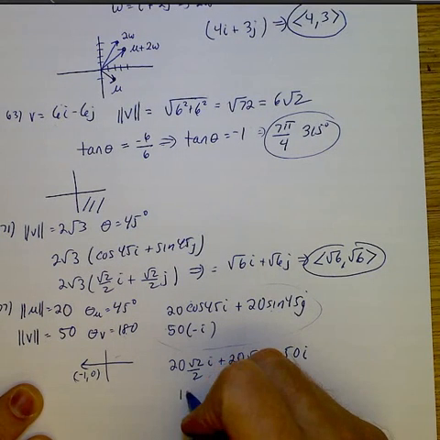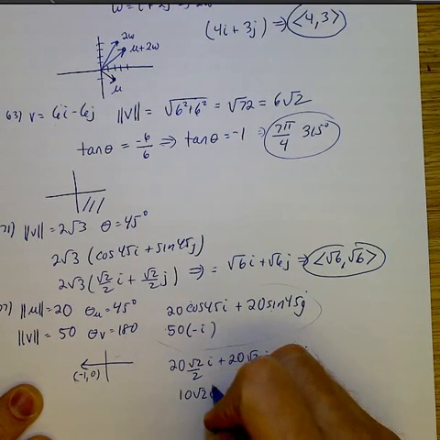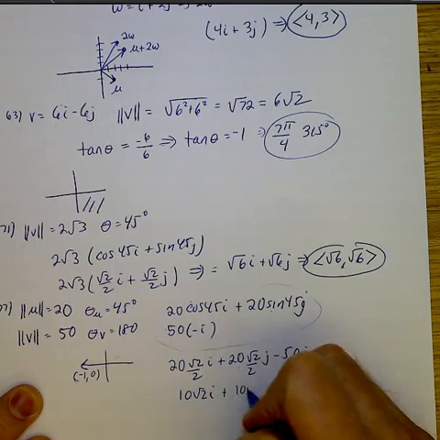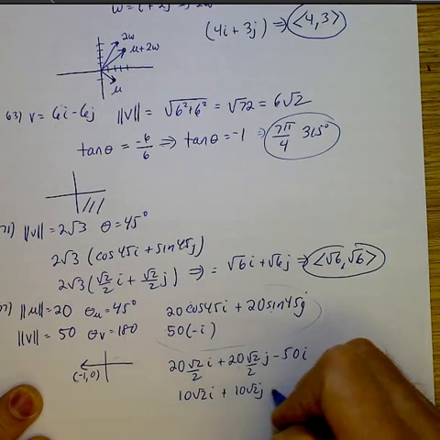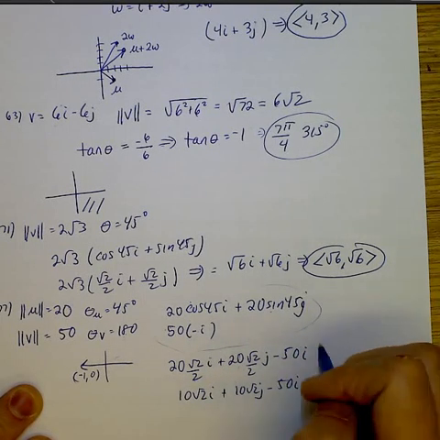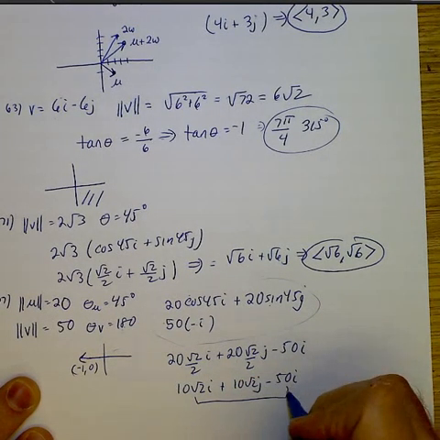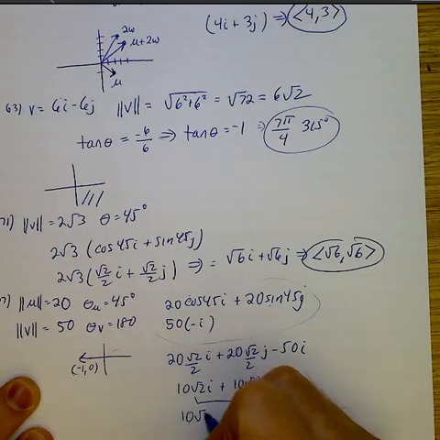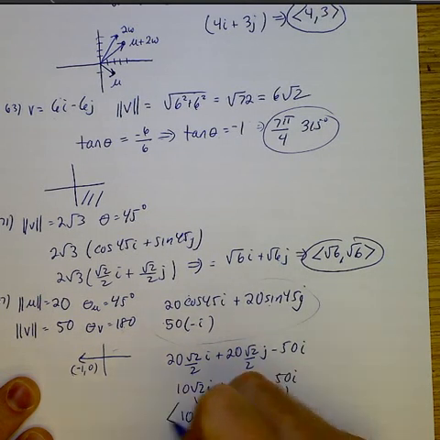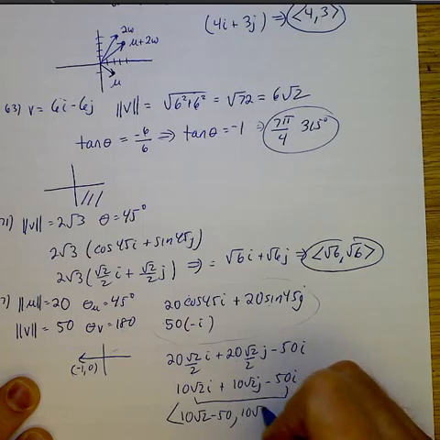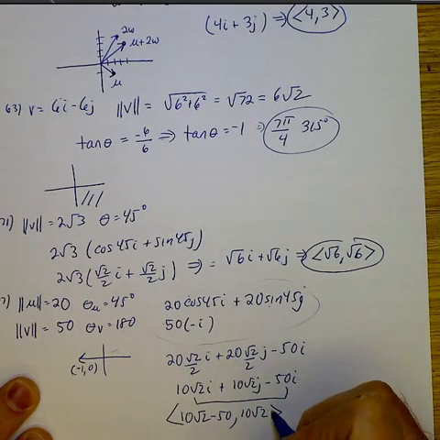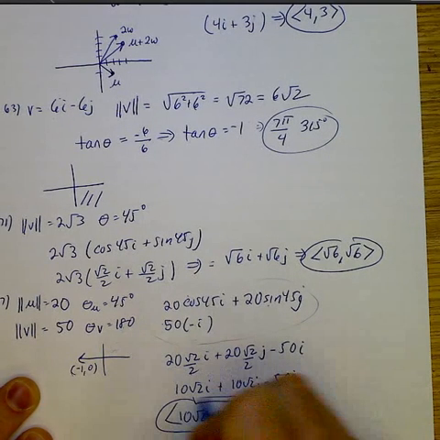We'll get 10 root 2 i plus 10 root 2 j minus 50i. And then to put that in component form, we're going to combine our like terms. We'll get 10 root 2 minus 50 and 10 root 2, and that's your answer. Okay? Good luck.